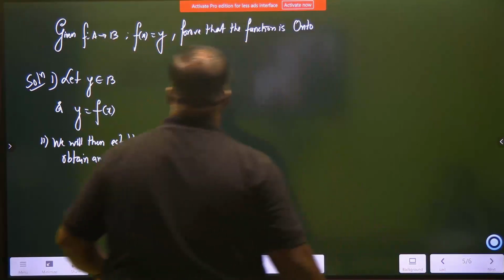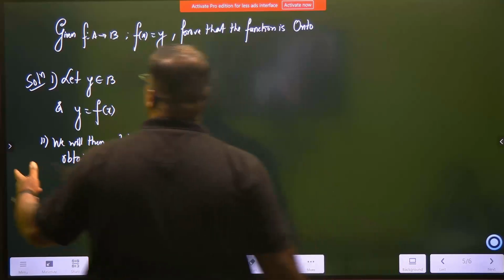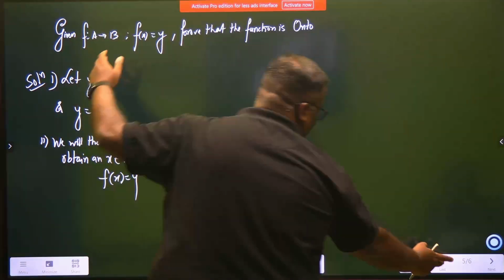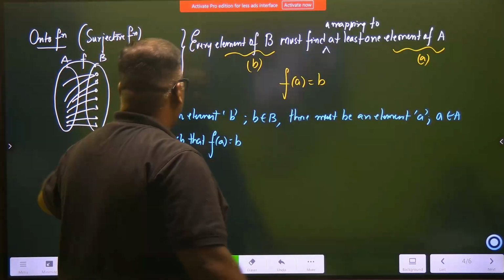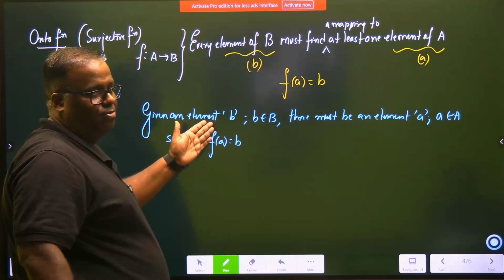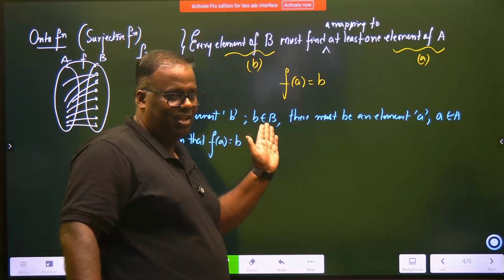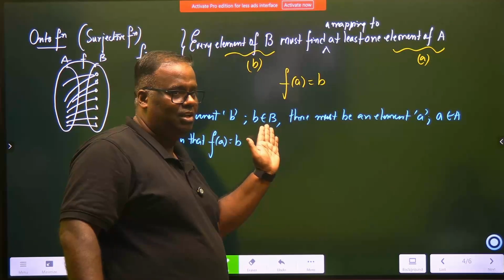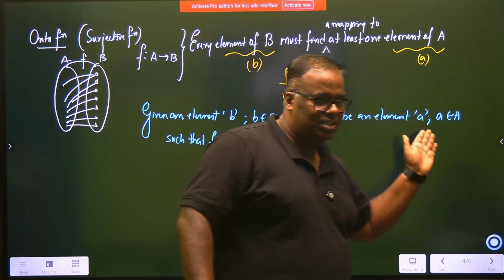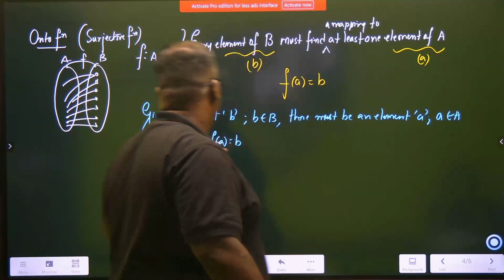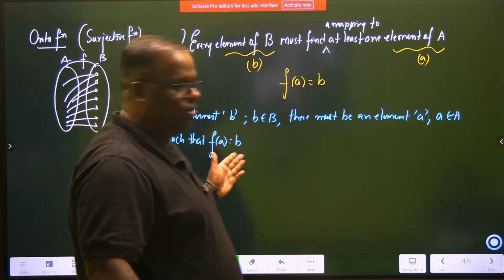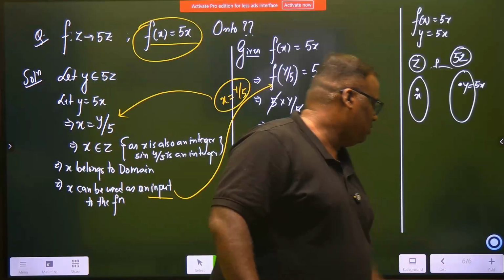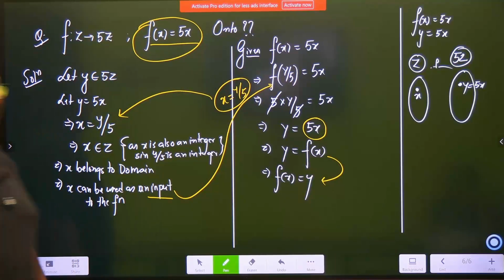If I go back to the definition of surjective, it tells me, given an element b, for your case, it was an element y that belonged to 5Z, there must be one element x belonging to Z where you prove that f of x is equal to y. If you have still not understood, you can ask again.